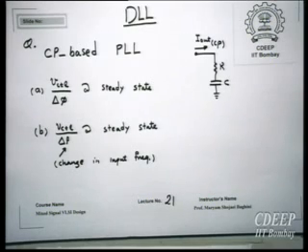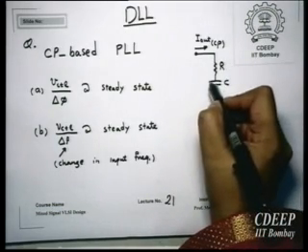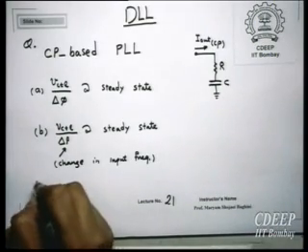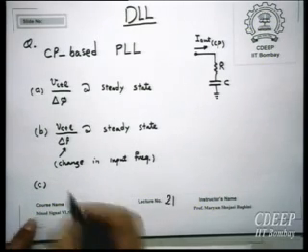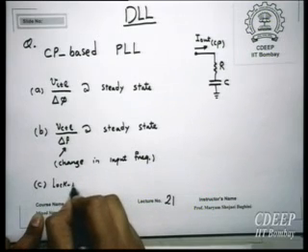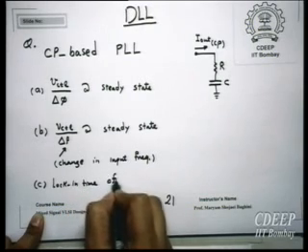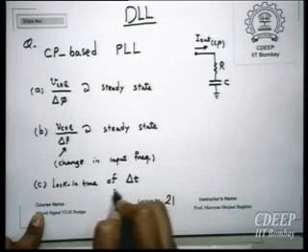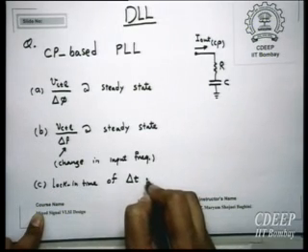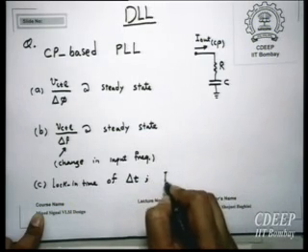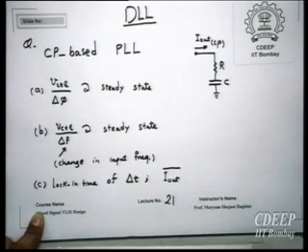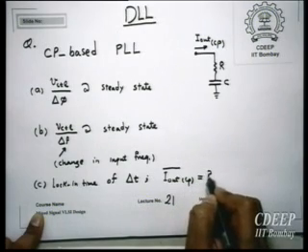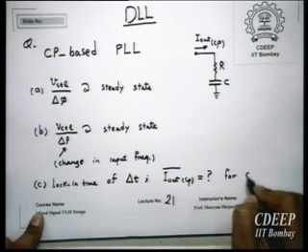The charge pump is just a simple RC low-pass filter, with R and C. Suppose you have a locking time of delta T. Assuming you have a locking time of delta T, what will be the average I out of the charge pump for case B?